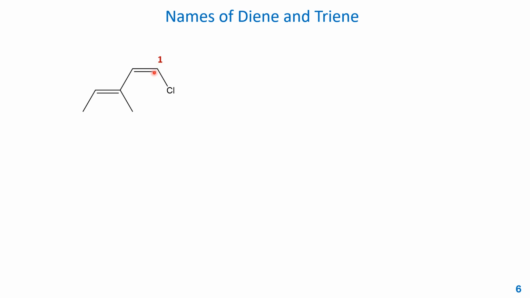Why do you number this carbon as 1? Because you will have the lowest number for the first substituent, the chloro group. 2, 3, 4, 5. So this name is 1-chloro-3-methyl-penta-1,3-diene. Penta means the 5 carbons, the longest chain.